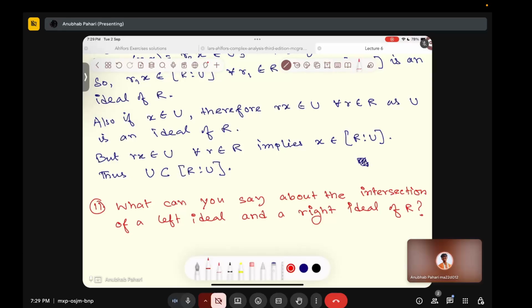So, what can you say about the intersection of a left ideal and a right ideal? If you intersect them, what can you say about that? Again, you can try this for 5 minutes, and then we will start doing the solution.